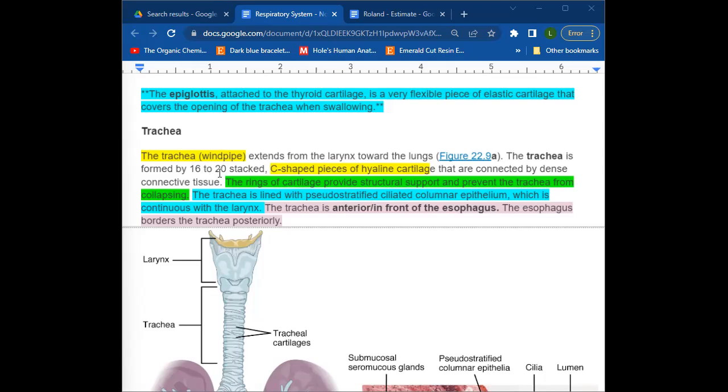Then all lining the inside of the trachea, there should be pseudostratified ciliated columnar epithelia with goblet cells. And again, the mucus is supposed to trap, and then the cilia are supposed to help sweep.